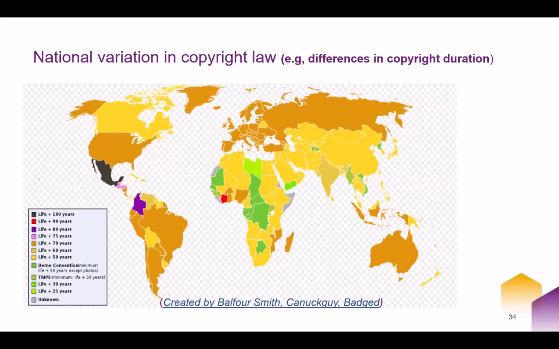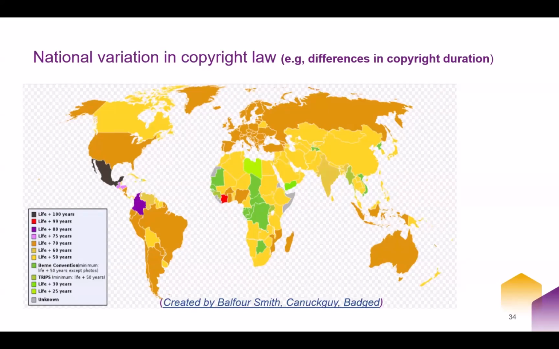You can see that in Europe, America, Canada, most countries adhere to life plus 70 years. In comparison, in Africa, we can see the continent is dominated by life plus 50 years with few exceptions. And Mexico stands out and is actually the only country to adopt life plus 100 years.